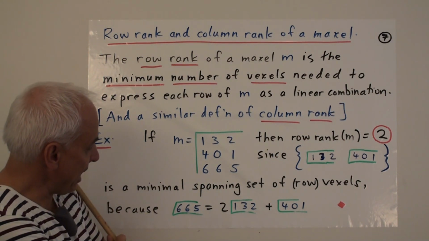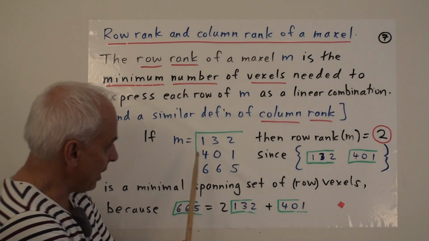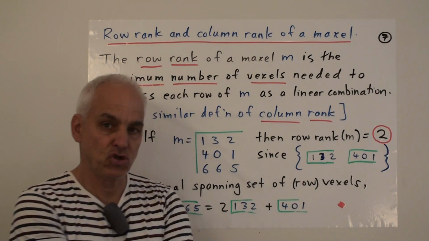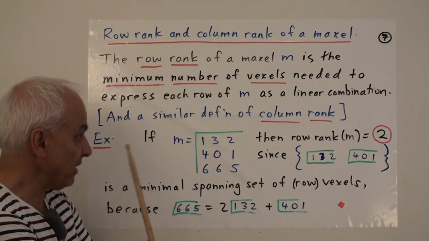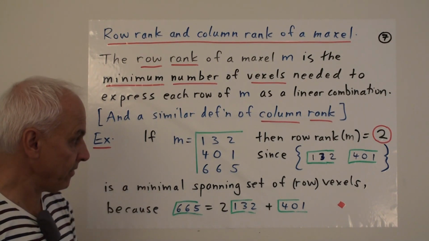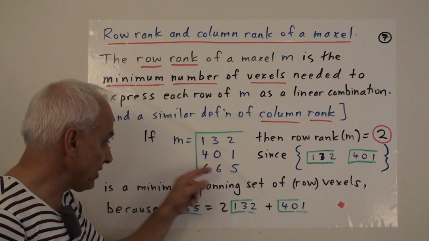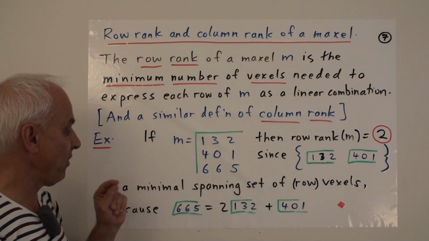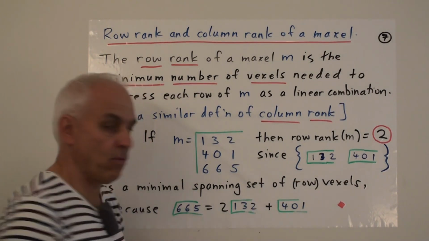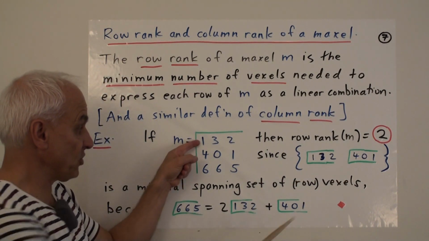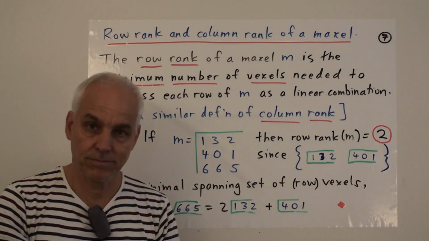So here is an example. Here is maxil M, and I claim that the row rank of M is actually 2. So that means we have to find a set of 2 vexels so that everything here is a linear combination of those two. And I claim that these two vexels will work. In fact, I can just take the first row and the second row.